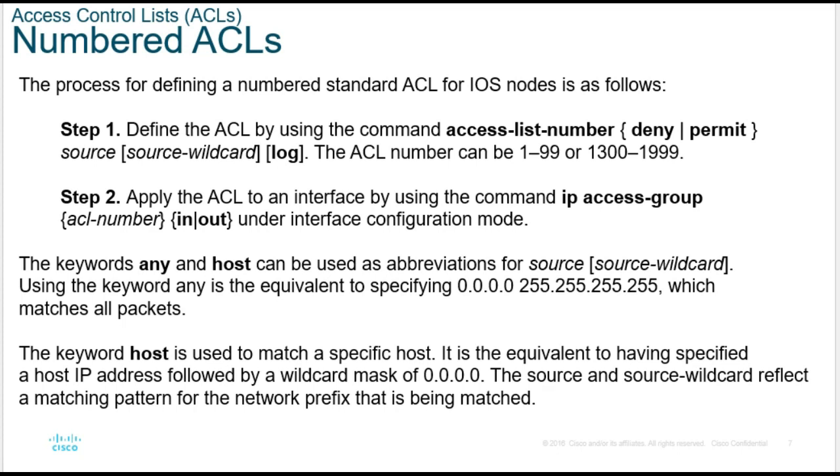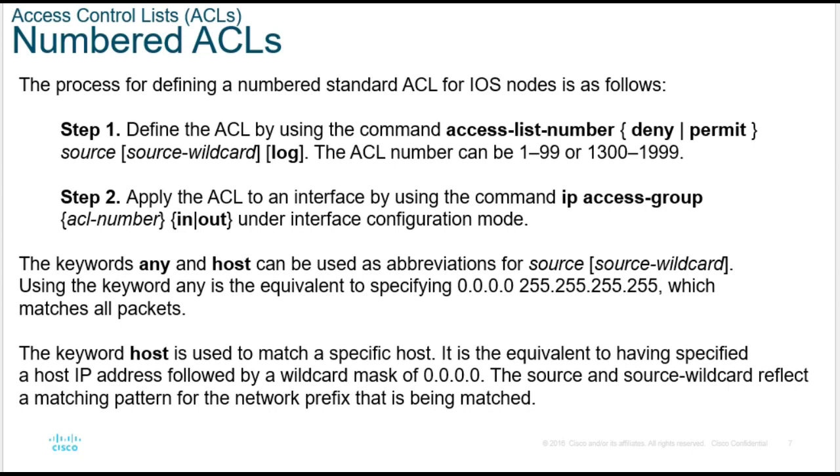And since it's a standard ACL, we only use the source address and also the source wildcard. Once we have the ACL, we apply the ACL to an interface using the command ip access-group and the ACL number and the direction, whether in or out.